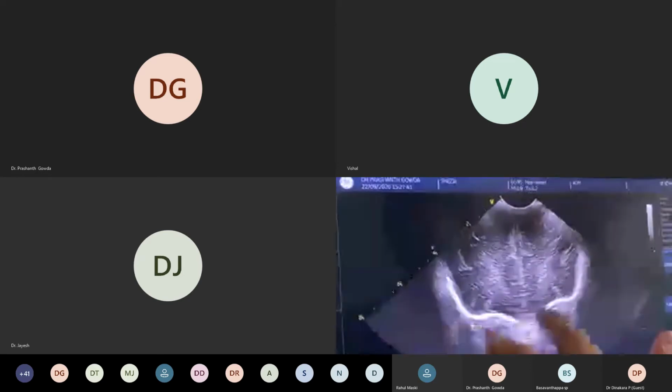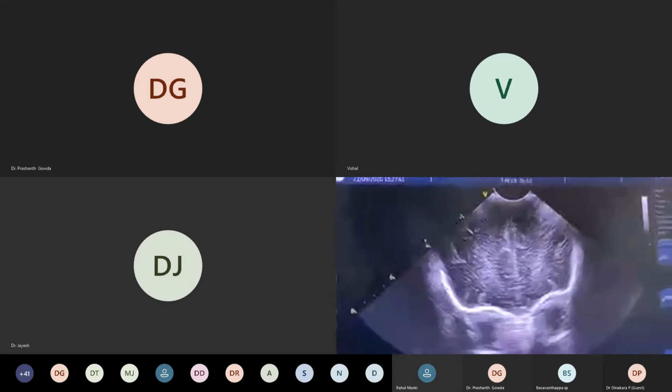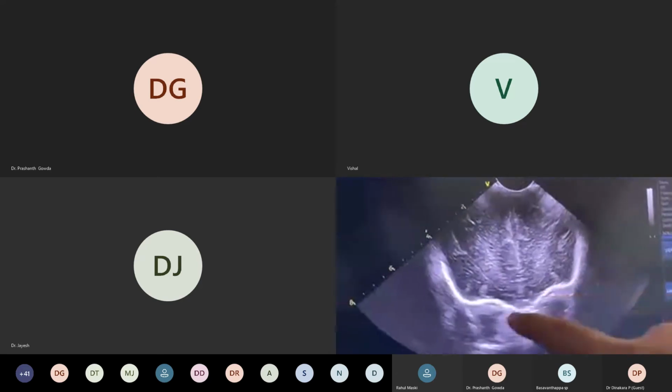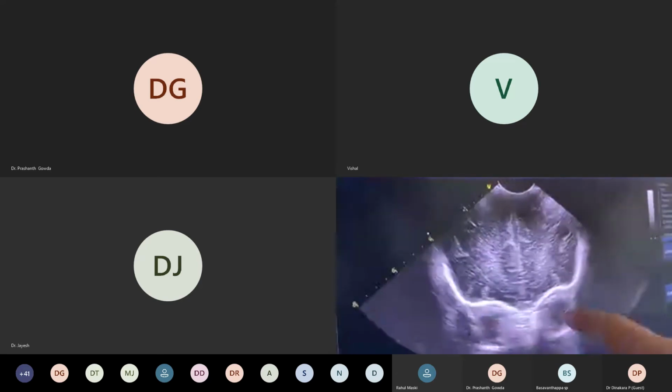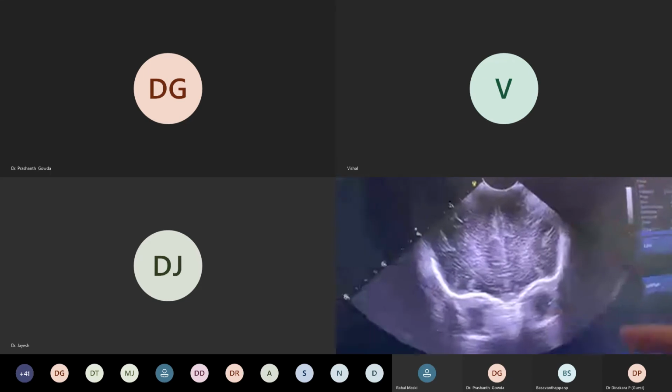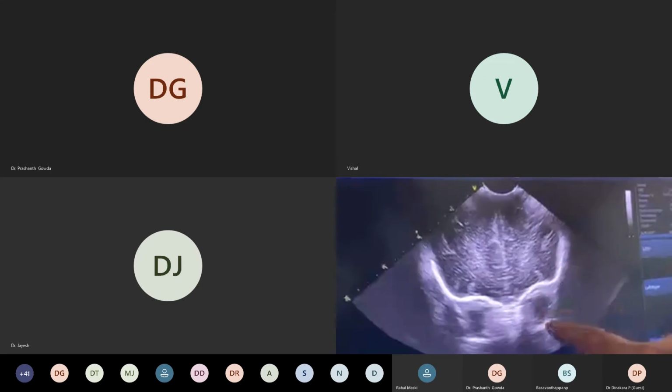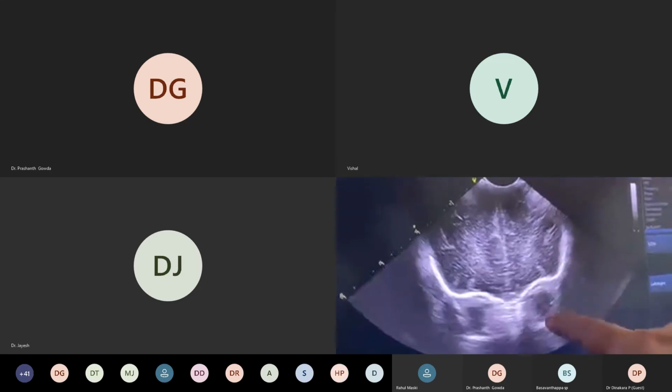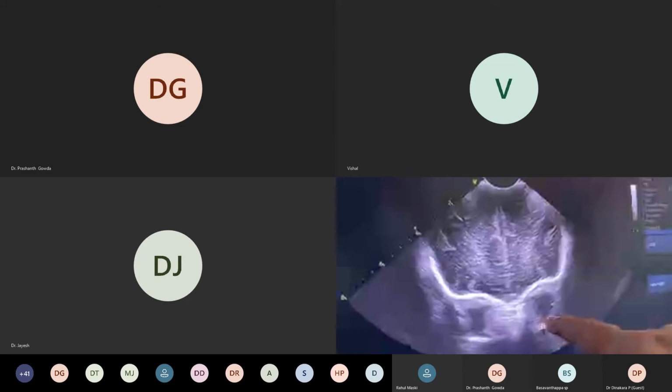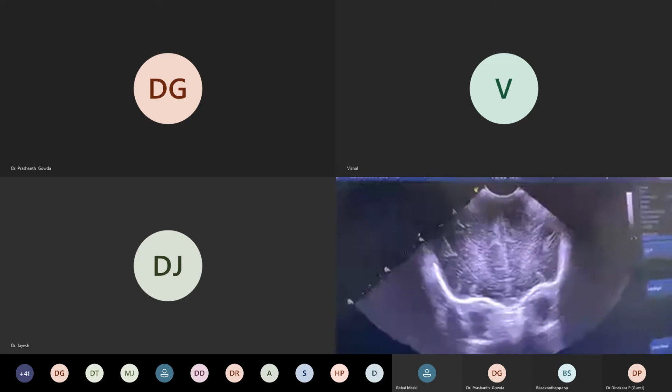Clearly you can see the orbital ridge. So if there is any fracture or anything, you will come to know. This is your orbit. Suppose if I decrease the frequency further, you can see part of the dense dislocation also.